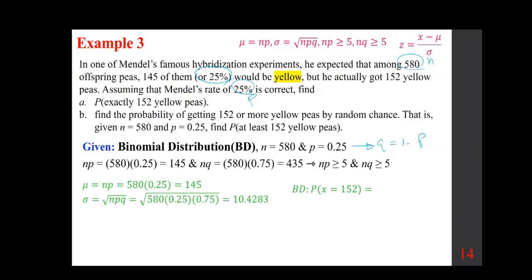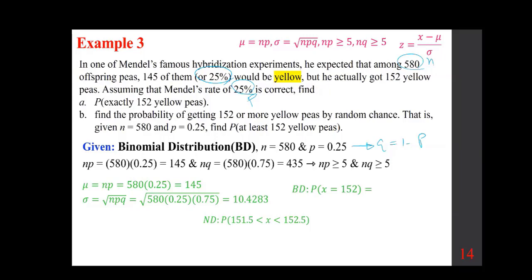So x is in between 151.5 and 152.5. The next step is SND. And to go to SND, standard normal distribution, you have to calculate the z-score. To calculate the z-score, x minus mu divided by sigma, and we have already calculated mu and sigma.